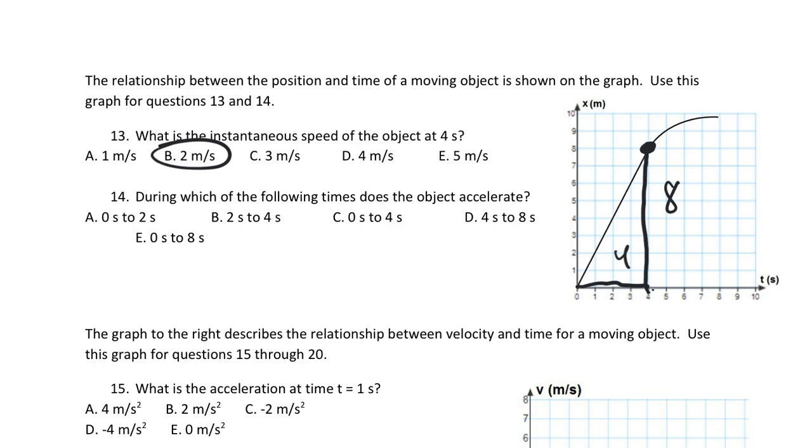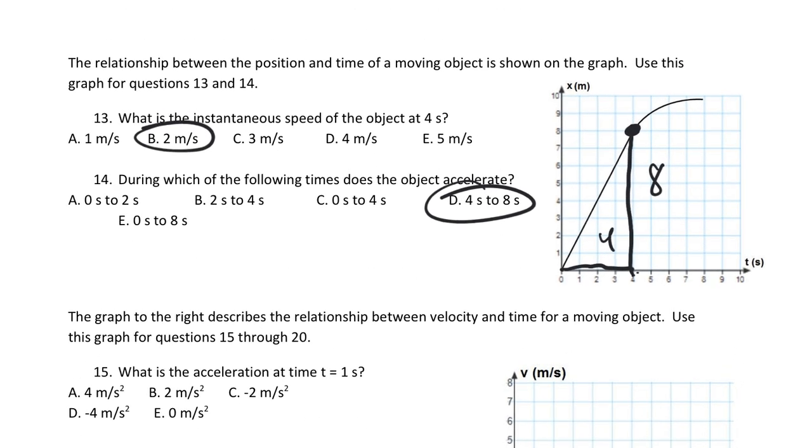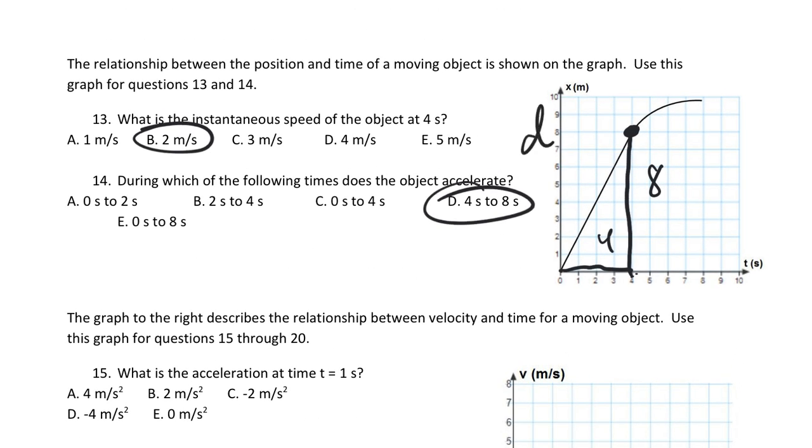During which does the object accelerate? Well, anything after 4 seconds, because it's curved. On a D versus T graph, a curvy line means acceleration is occurring.